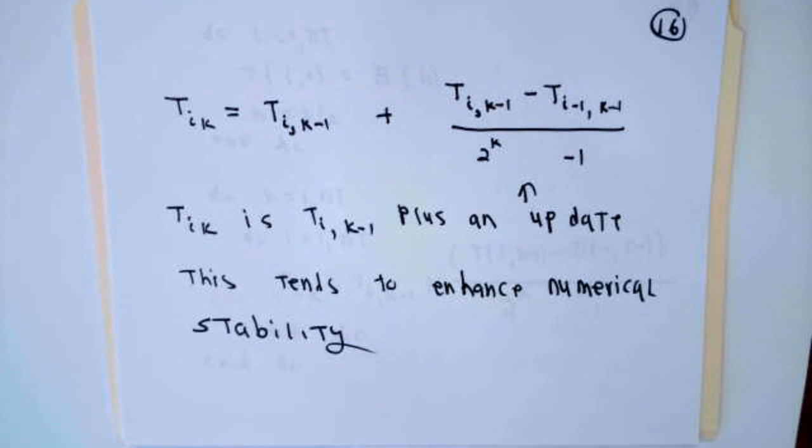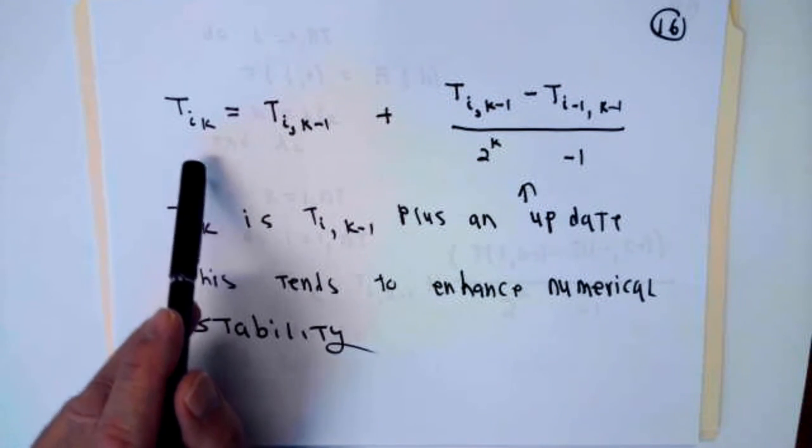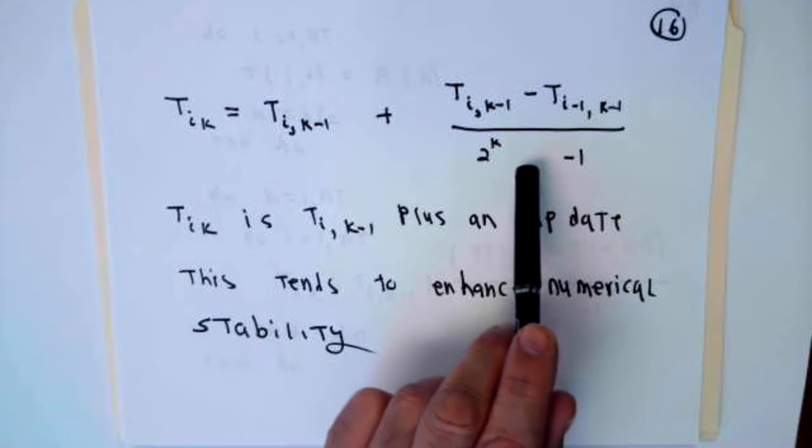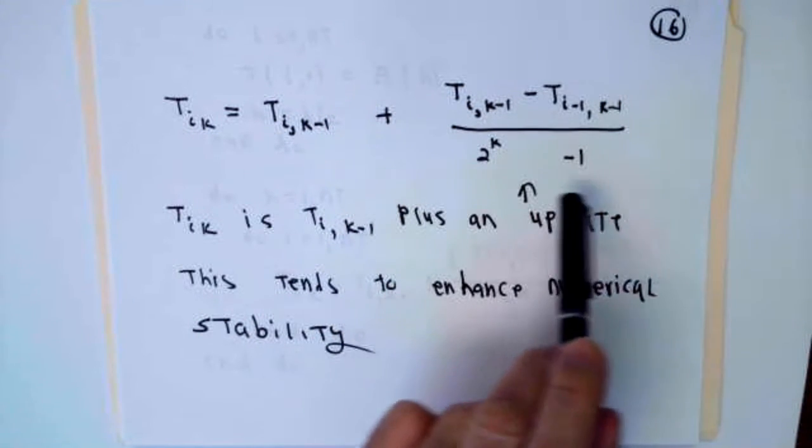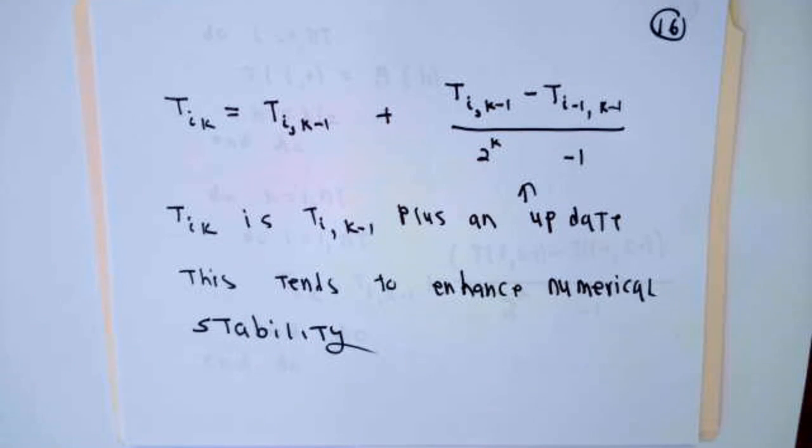If you'll think back to the method of bisection when we were talking about f of x equals 0, this is a desirable way to write things because the new quantity is going to be the old quantity plus an update. If the method is working at all, these numbers will be getting very small, and this tends, as you'll remember from bisection, to enhance the numerical stability of the method.